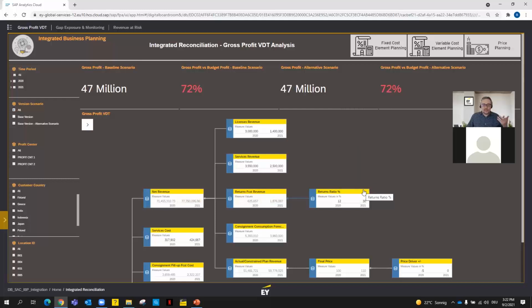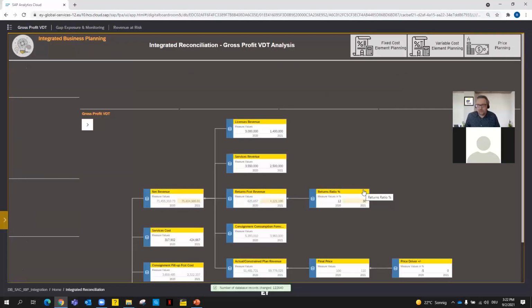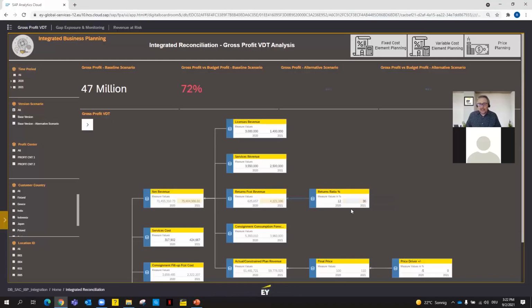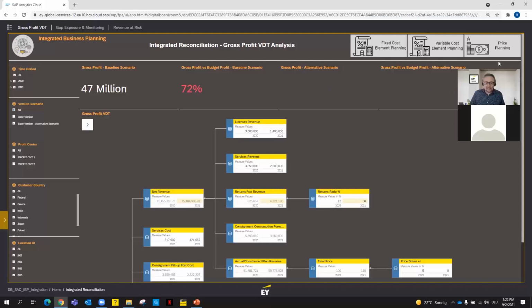In this case, we are planning a change in the returns ratio, because in some businesses it's allowed to return products without big financial consequences to the customer or distributors. It means that we would also recalculate the underlying provision for it, meaning at the end reducing net revenues, as one example.